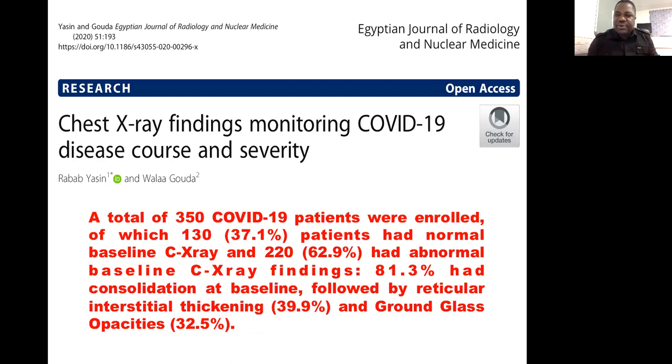This study enrolled 350 proven COVID-19 patients. 37% of those patients had a normal baseline chest X-ray, with 63% developing an abnormal chest X-ray at baseline, of which 81% had consolidation, followed by reticulation in almost 40%, and the rest of the patients had ground glass opacities as a pattern on their chest X-ray.